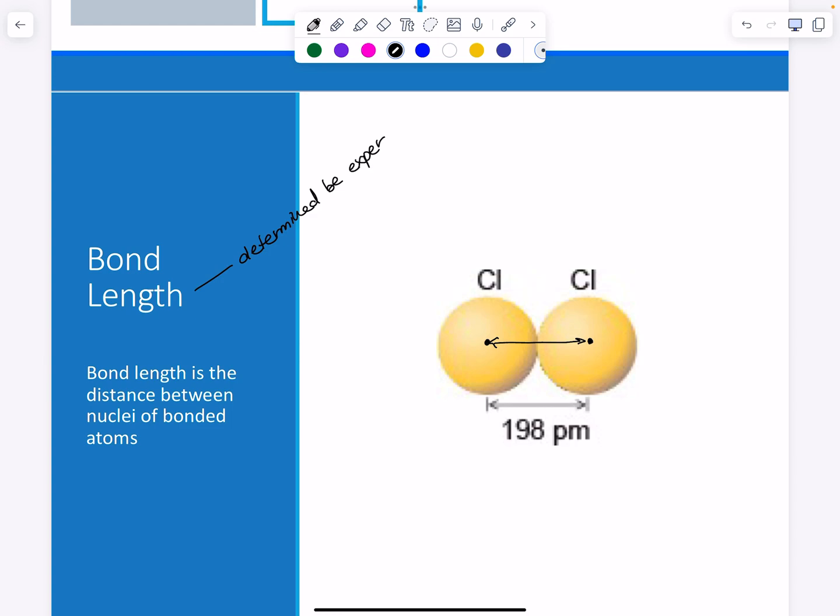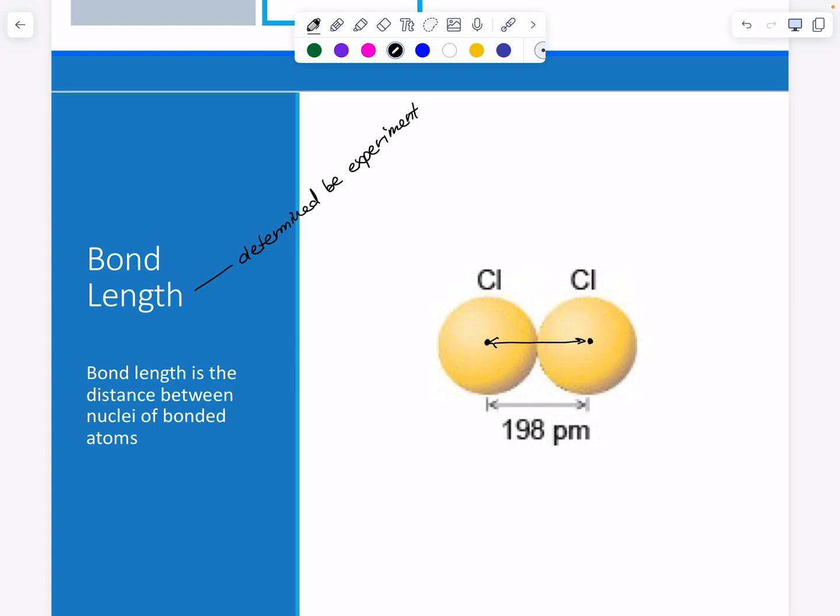Does anyone know what word we use when we use an experiment to determine something? Yeah, the scientific method. We have two ways that we can come up with a conclusion. We can use experiment or we can use theory.